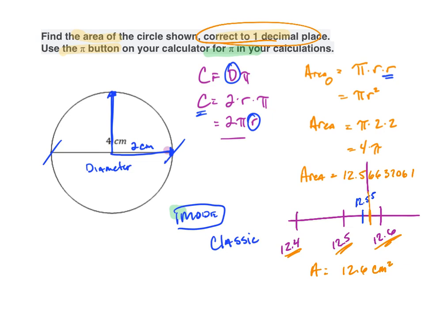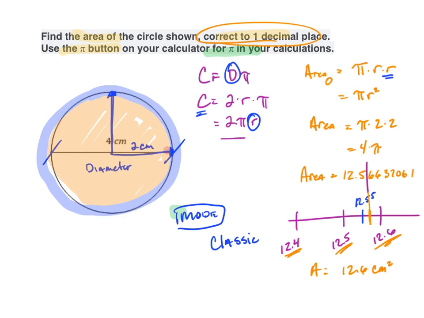Because remember, we're talking about the area. How many square pieces would it take to fill this area? So when we're doing the area, we have to remember that that's everything that's on the inside. What's the area on the inside? That's our area, okay? The circumference measured the strip around the circle.